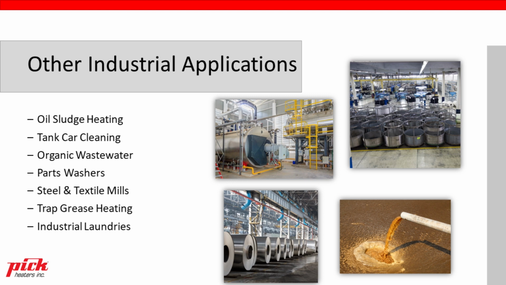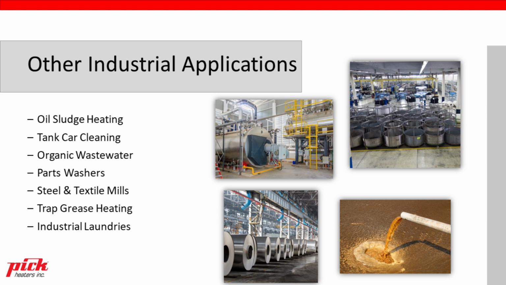We're also used quite often in steel mills and textile mills for generating their hot water. Trap grease heating, to reclaim all the grease from restaurants and from French fry and deep fry heating. That gets collected by companies that all they do is collect all that grease, and to reclaim it and separate it, heating it is a very effective way of doing that.